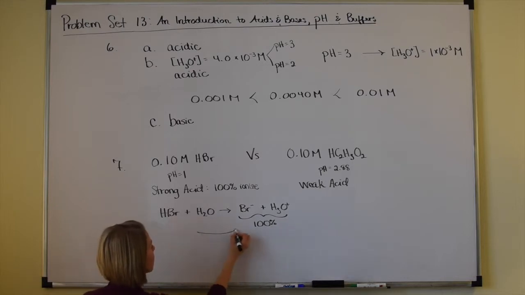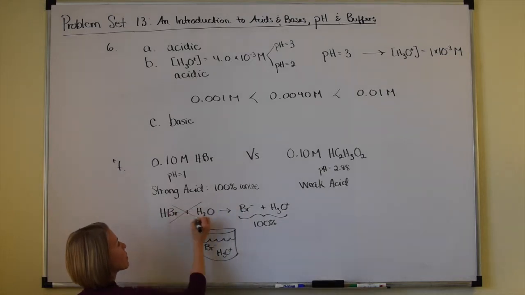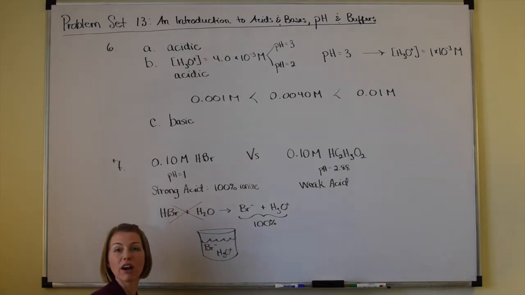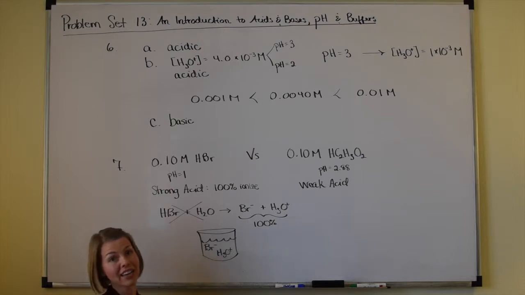So in a solution, we'll just draw it in a little beaker here. We have bromide anions and hydronium cations. None of the reactants are floating around in there. There is no covalently bound HBr because it is a strong acid. 100% ionizes and converts to hydronium cations.